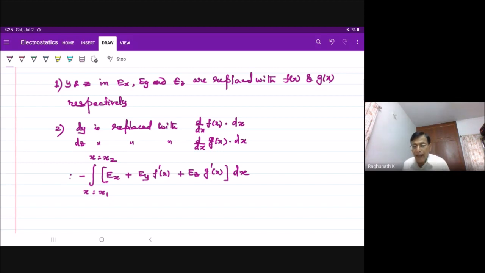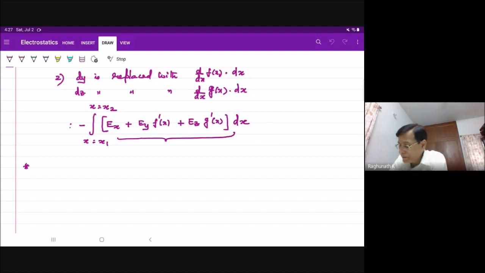When we evaluate the integral, we should ensure that we are following the specified path only, because of which we write this integral. Please check it once.